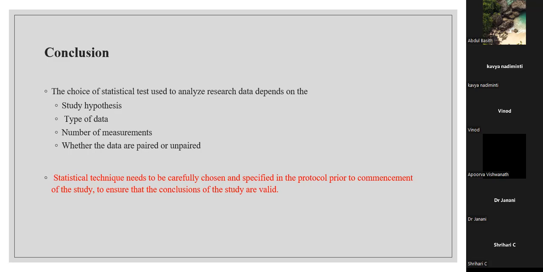So the most important thing in this class is, first, that you have to be honest in your data collection. You have to have a protocol. Better to have a proper protocol which has been studied properly, collect the data honestly, and then apply the correct statistical analysis. Don't fudge your data; present your data as it is.